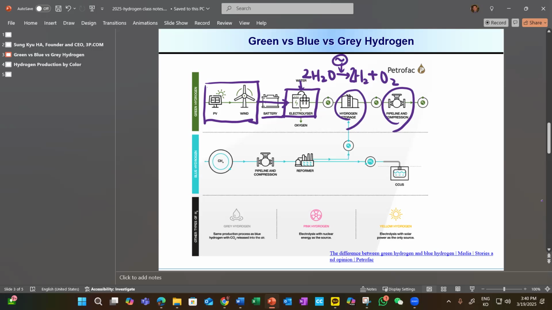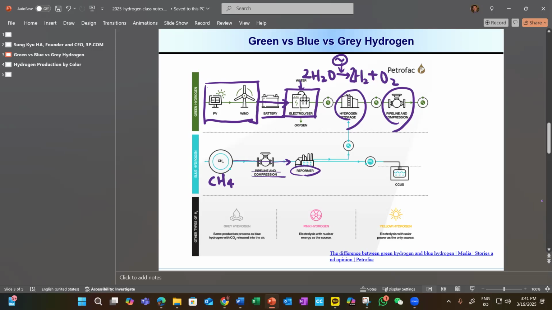Now the blue or gray is that CH4, methane. So CH4 is a natural gas, and coal can also contain a lot of CH4 methane. We can think of it as natural gas that can be distributed through a conventional pipeline, or can be compressed with a little high pressure, and then this is a reforming.